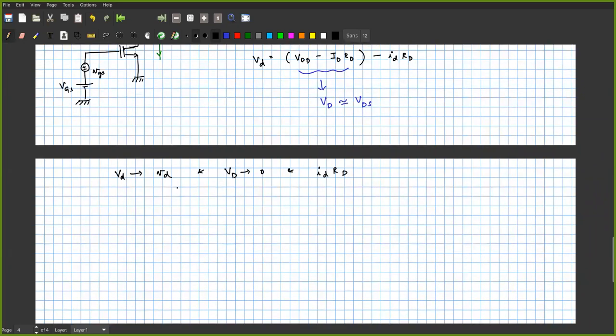So rewriting that equation, I get small vd equals minus id RD. Here, considering only currents and voltages due to the input signal, the signal which needs to be amplified. Only that signal I am considering.